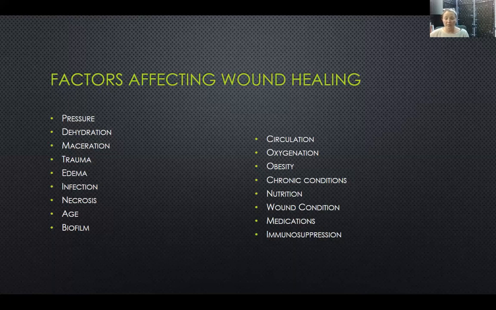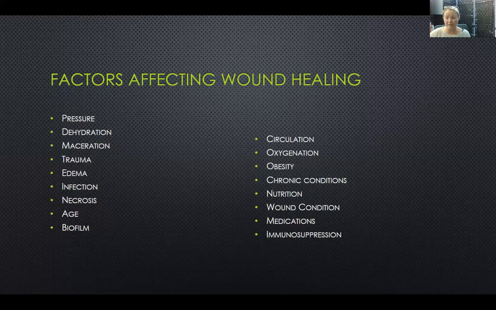Children lose the connection between their layers of skin, and then older adults have decreased fibroblast activity and decreased circulation. So that may affect healing time. Biofilm is when bacteria creates a film in the wound bed, and that will delay healing.